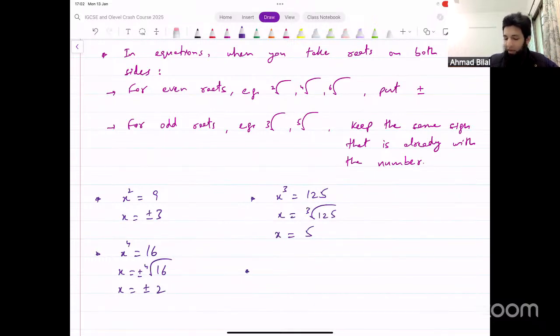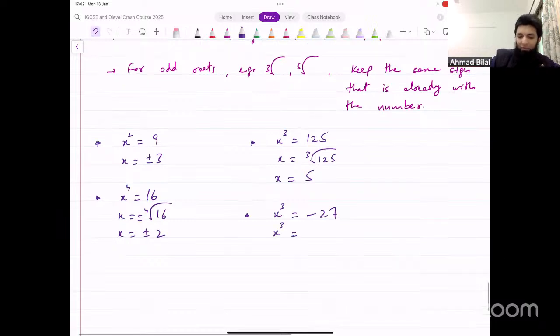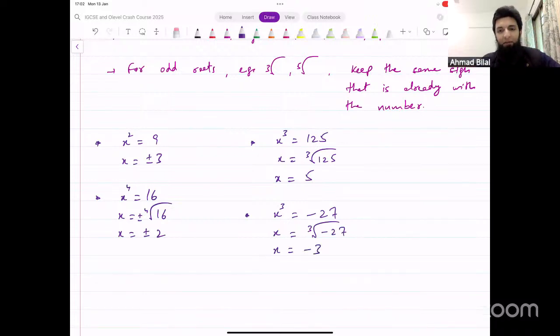If you had x raised to the power 3 equal to minus 27, now in this case, the original number is negative. When you take the cube root of minus 27, the result is going to be minus 3. So if the original number is negative, the answer is negative when you take a cube root or fifth root. When the original number is positive, the answer is also positive. For square roots and any other even roots, you have to put plus minus.